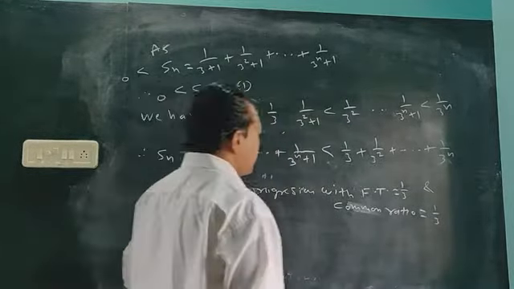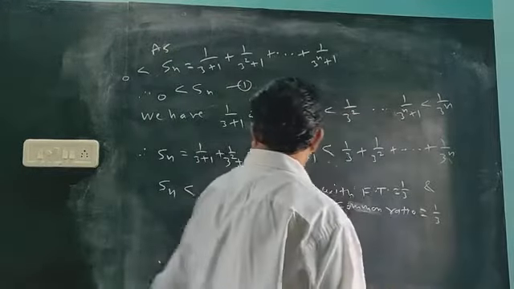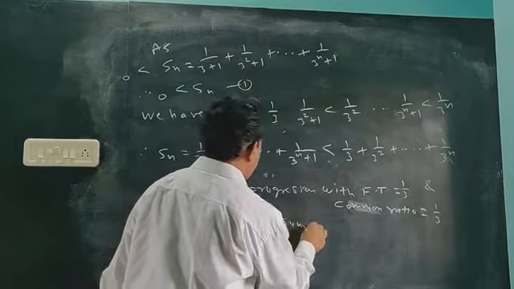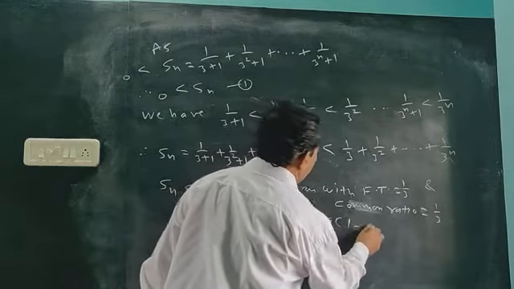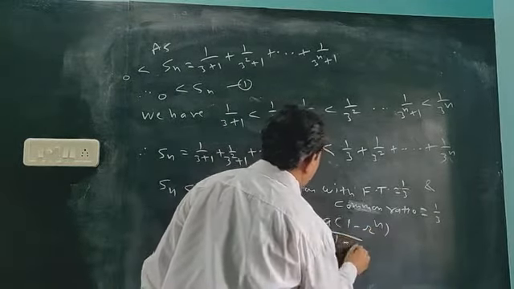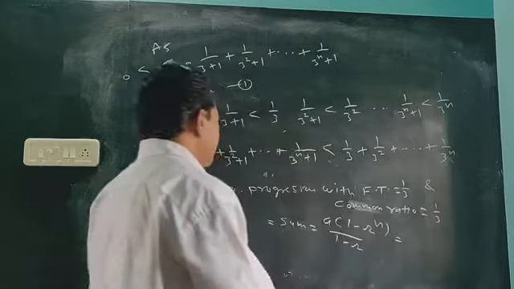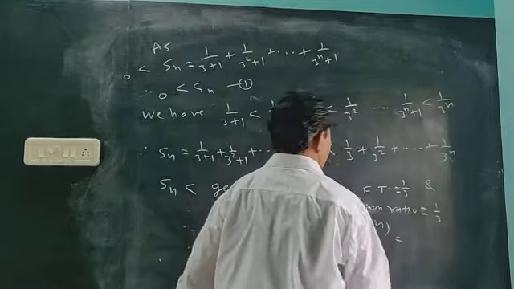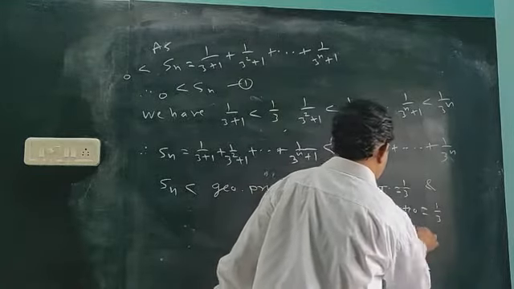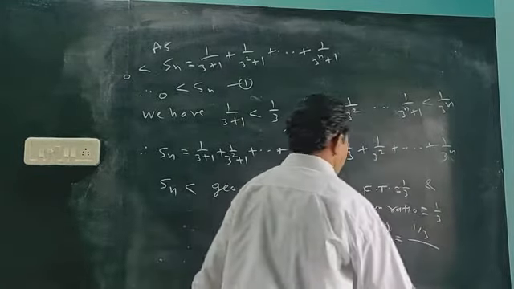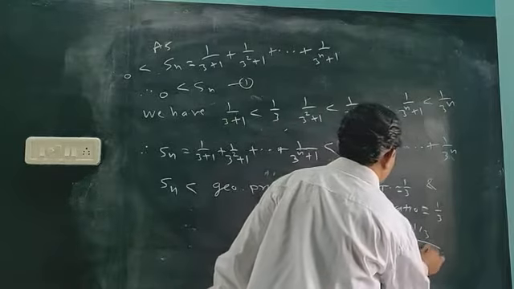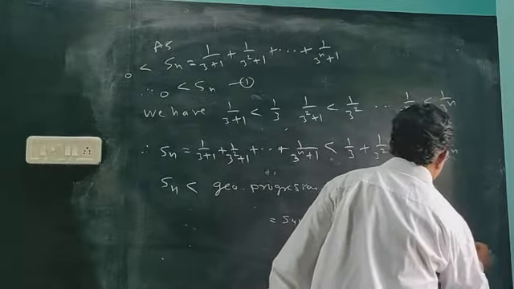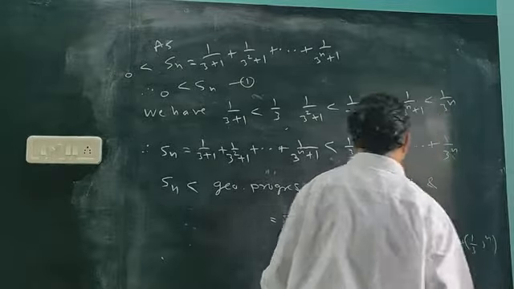Then what is the sum? Therefore this will be the sum formula. The sum will be a into 1 minus r raised to power n divided by 1 minus r. That is the general formula for the sum of a geometrical progression. So a, the first term of the series, is 1 by 3, the common ratio r is also 1 by 3, and r raised to power n is 1 by 3 raised to power n.